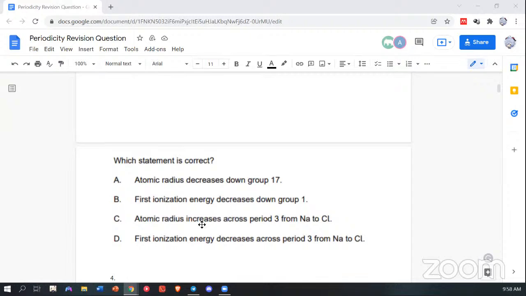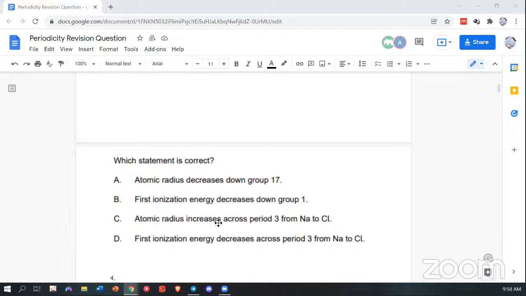So kita tengok C dulu. So atomic radius increases across period 3 from Na to Cl. Macam pelik. Tapi benar. Tak benar. Sebab kita akan tengok period 3.